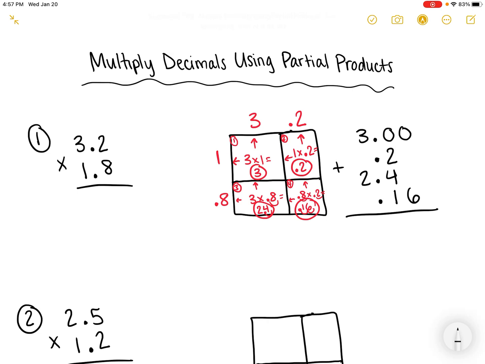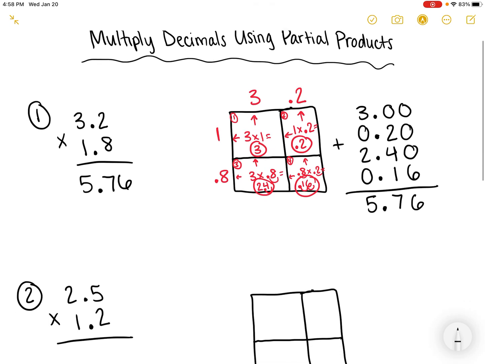Now you see all these empty spaces here. I'm just going to fill them in with zeros so that I can see the whole thing and it makes it easier for me to add. So let's add them up. We have 6 here, 4 plus 2 plus 1 is 7, and then 3 plus 2 is 5. So my answer to 3 and 2/10 times 1 and 8/10 is 5 and 76/100ths.